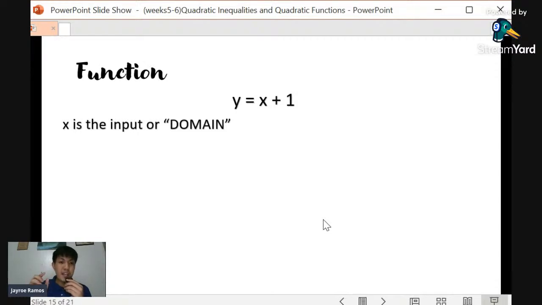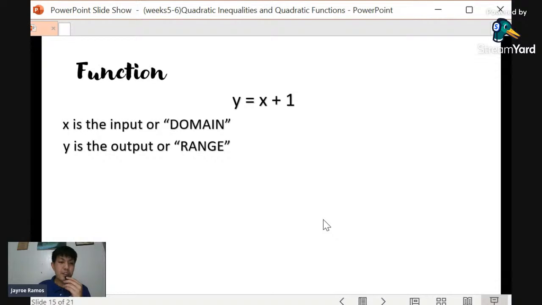'Di ba sinasolve natin pagka-input natin ng x value, ipaprocess natin siya by solving and then the output will be the solution or the answer. Nakuha po ba? So parang ganun din yun. So we can consider that as function. So again here, the input is the x value or we call it domain. Okay, yung domain, we're going to dig deeper about this in the week 7 and week 8. And then of course, y is the output or the range. So paano kaya nangyari yon?